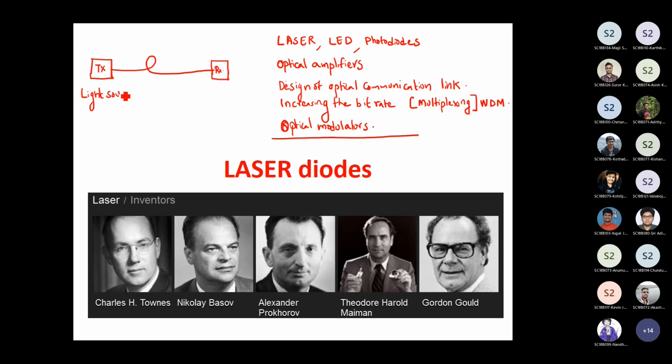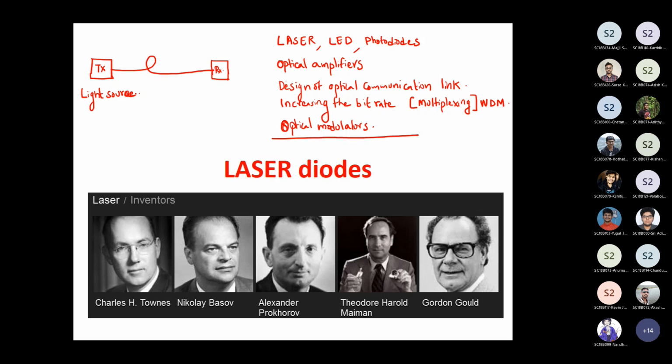Consider an analogy with an electrical communication system, the normal communication system you might have studied. You need to have a transmitter, an electronic oscillator, which will give you the carrier signal.